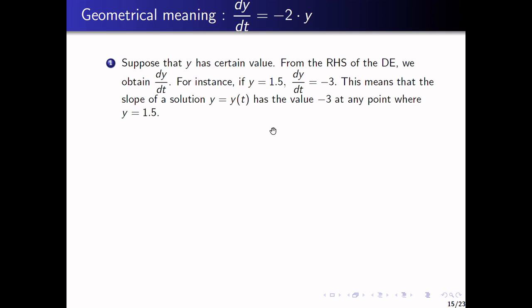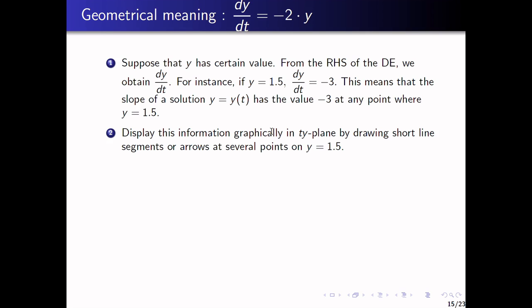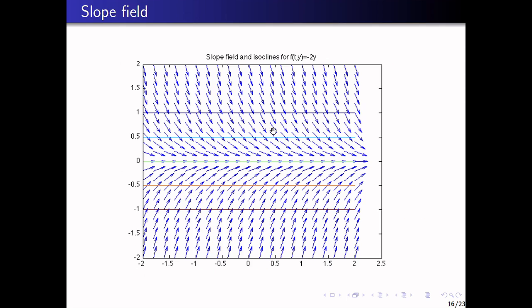So we can plot this. Let us look at this diagram, which is the diagram representing the differential equation dy/dt = -2y. We plot the t on the horizontal axis and y on the vertical axis.